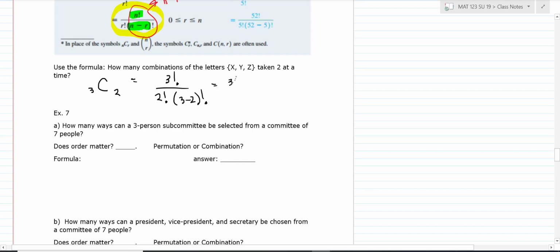So that would be 3 factorial over 2 factorial times 1 factorial, which is 3 times 2 over 2 times 1. Now remember, 1 factorial is just 1, so that would cancel out. You would have 3 over 1. Therefore, you would end up with 3 combinations. Okay, so that's how it works out.